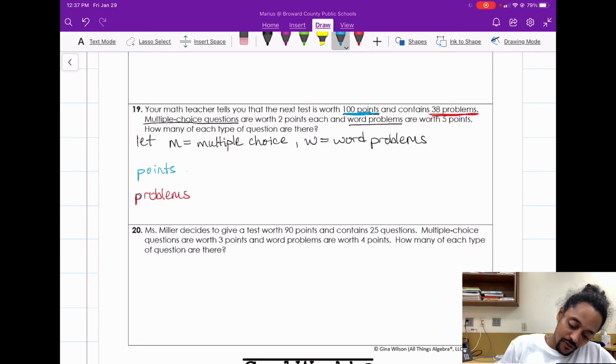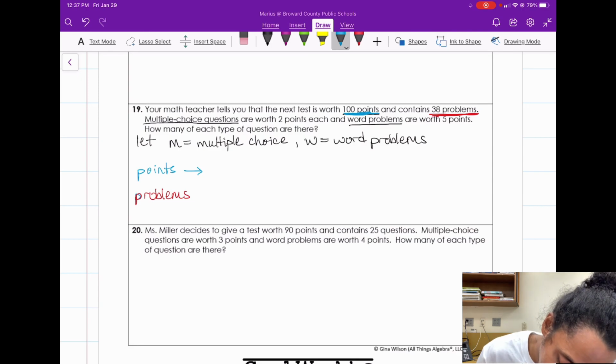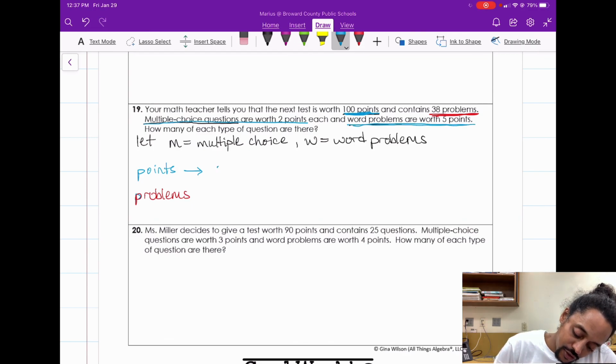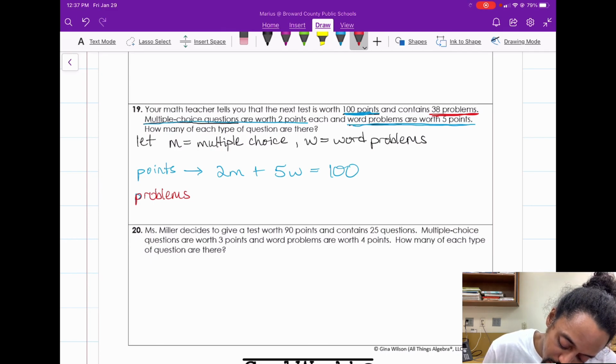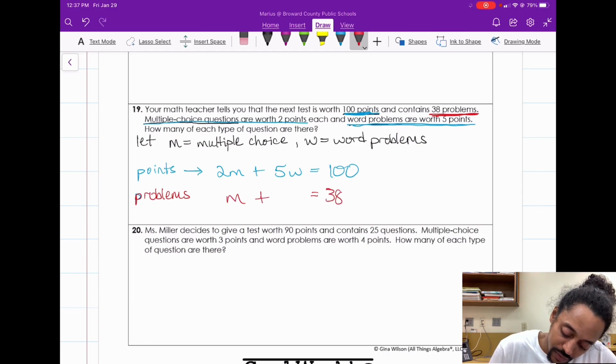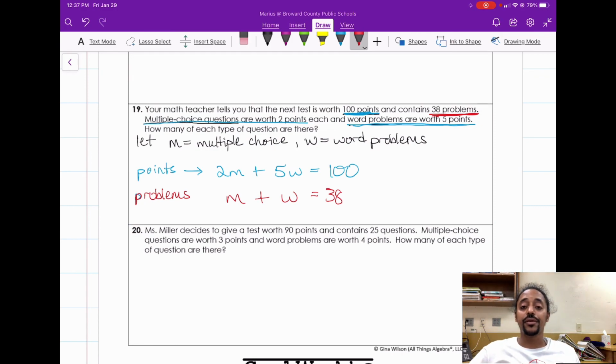For the points, we know that multiple choice questions are 2 points and word problems are 5 points. So 2M plus 5W equals 100. Now, we know that there are 38 total problems, and some of them are multiple choice, and some of them are word problems. So M plus W equals 38. All right, and that will conclude the first part of our lesson on application, the use of systems of equations to solve word problems.